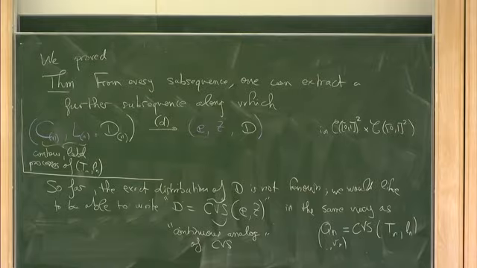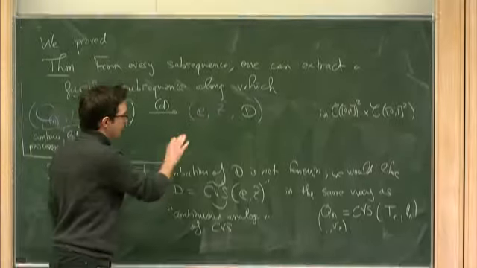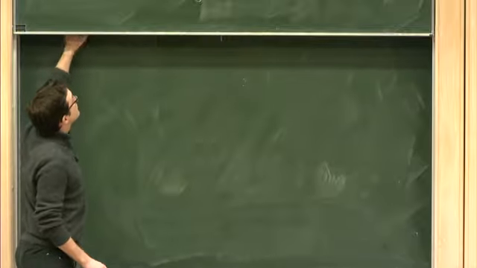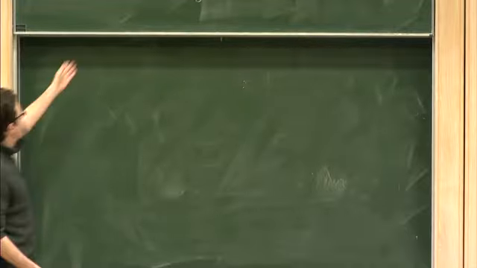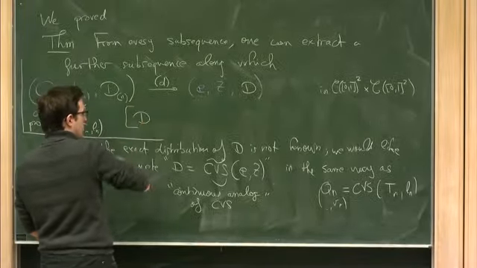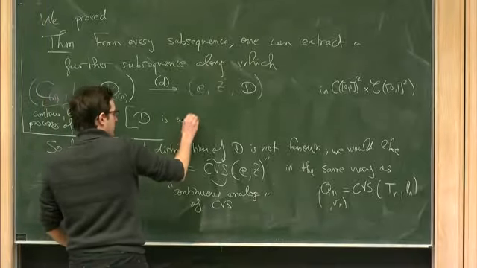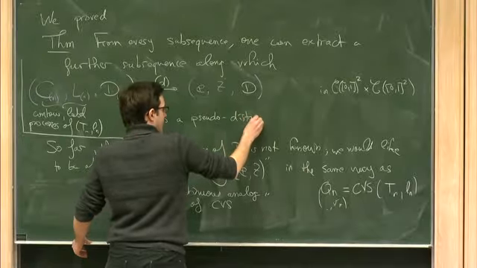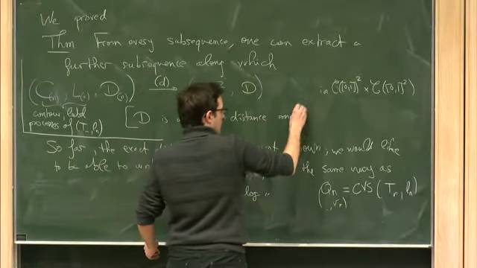Okay, so before commenting further on that, this statement is really a convergence in distribution of random functions, random distance functions. Maybe I should add also that D, as we mentioned last time, is a pseudo distance function on [0,1].